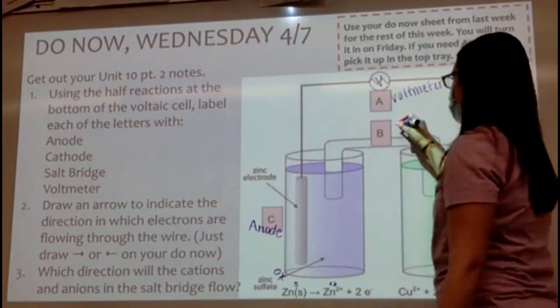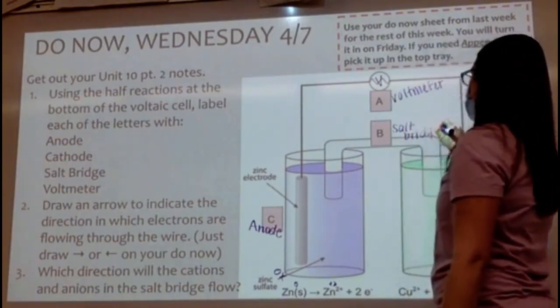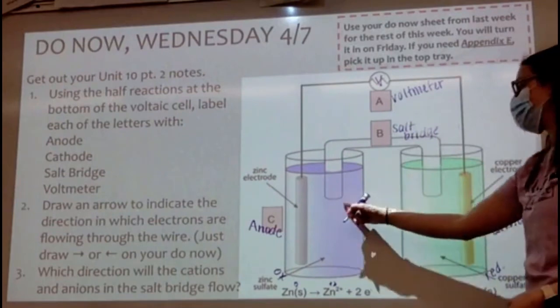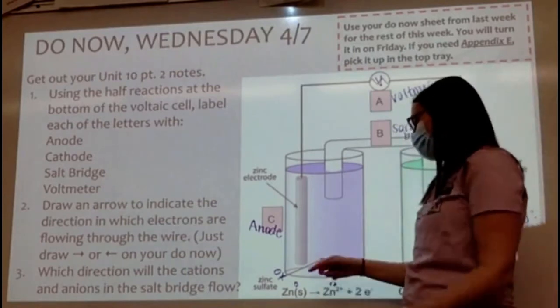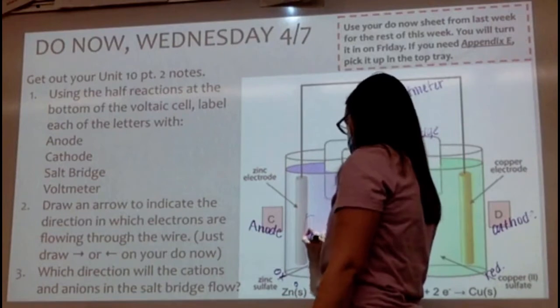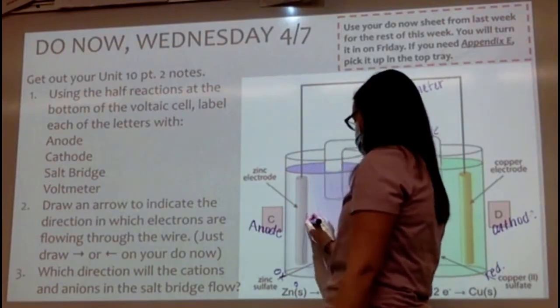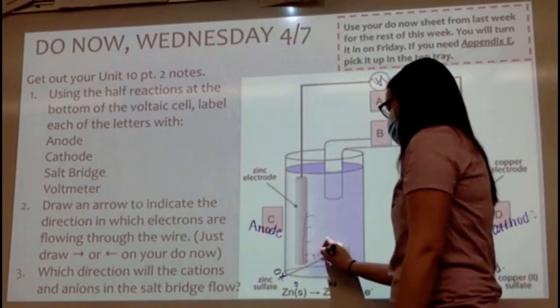And then B, this is our salt bridge. So the point of the salt bridge, remember, is to keep each of these solutions neutral. Because over time, as oxidation occurs, as the Zn solid actually becomes Zn2+, all of this will become Zn2+.